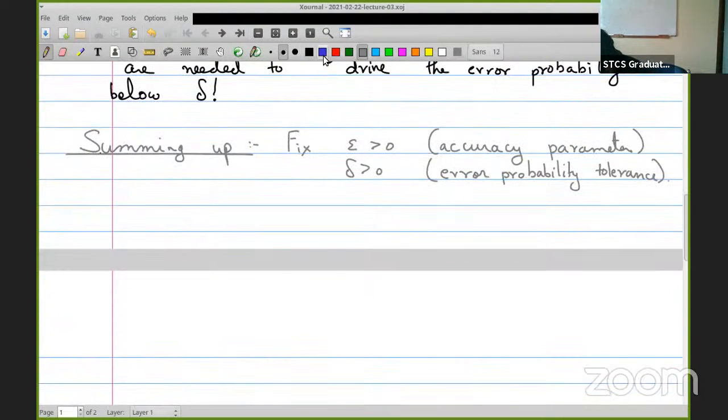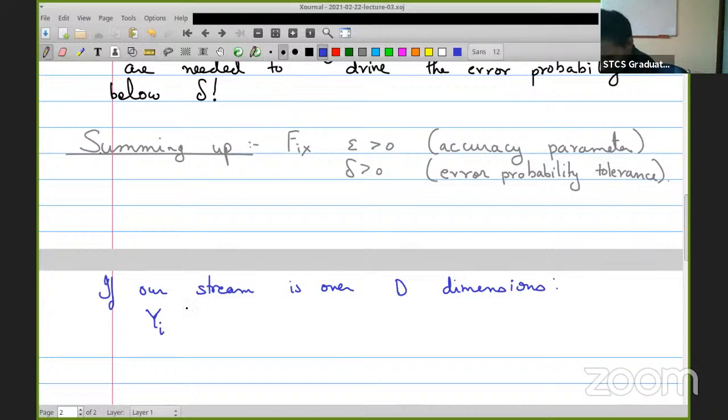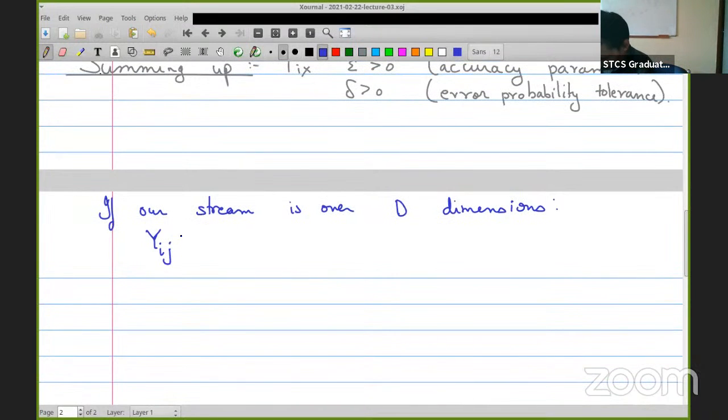So what we have seen so far is that if our stream is over d dimensions, then each yi, let me call them yij, each yij was defined as the sum over l equal to 1 to d of the frequency of the lth element in the string times this u_lij.